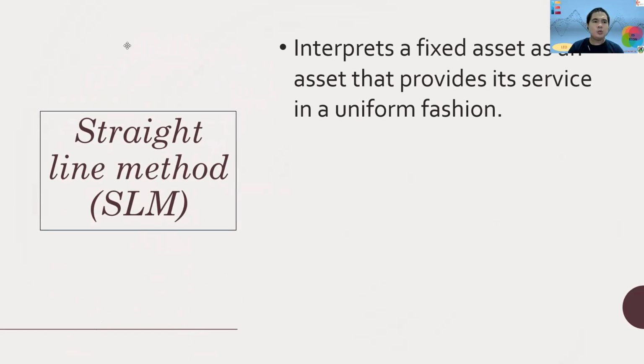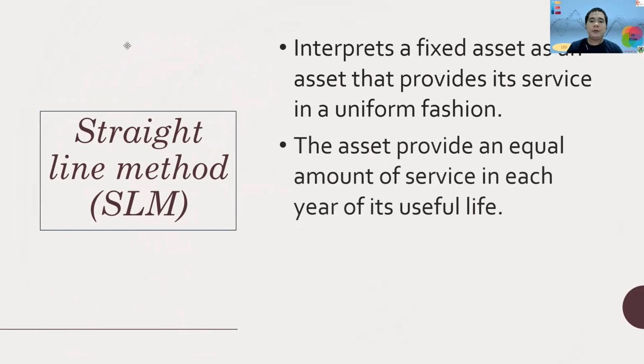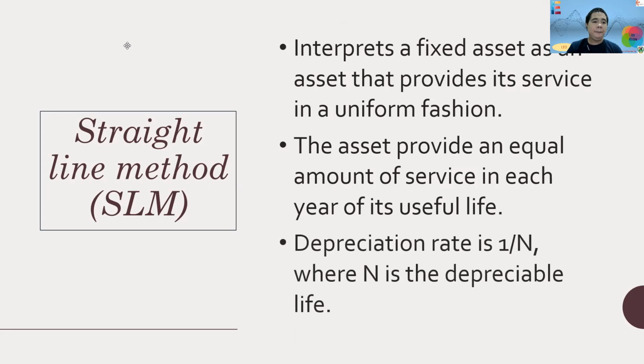Your assumption for this one is that the machine can give you the same value of output all throughout its useful life. So the asset provided an equal amount of service in each year of its useful life. Okay? So the depreciation rate is equivalent to 1 over N, where N is the depreciable life of your machine or equipment.